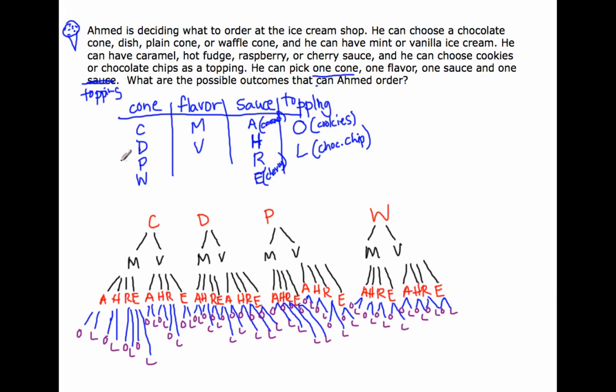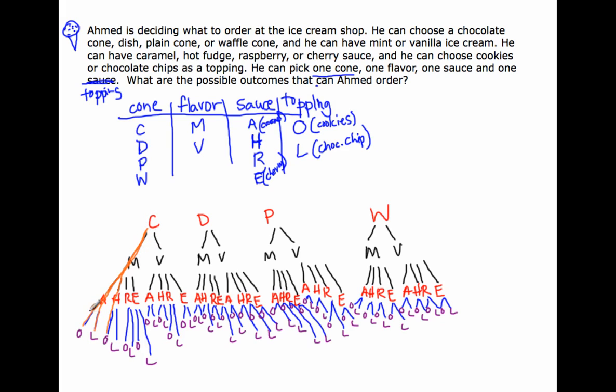Okay, now to list these outcomes, we're going to simply connect the branches and say the outcomes. So it's C hyphen M hyphen A hyphen O. Next one would be C hyphen M hyphen A hyphen L. Next one, C hyphen M hyphen H hyphen O. If you notice here, all I'm doing is making sure that all the branches get connections.